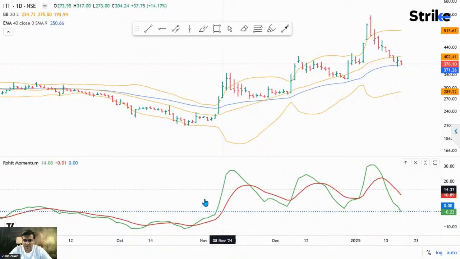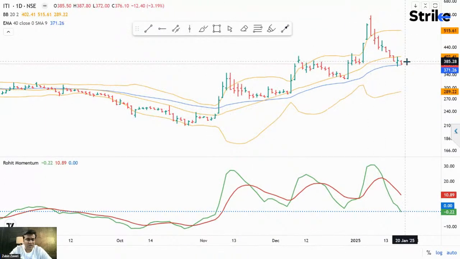On the momentum indicator, it had given a nice buy signal over here below the zero line, and it has completed its one cycle by coming down and touching the zero line. So ITI's one cycle is complete. Now probably again we'll have to wait, whether a new bullish crossover happens or not, and whether price is staying above this 40 EMA or not, and then we'll decide.